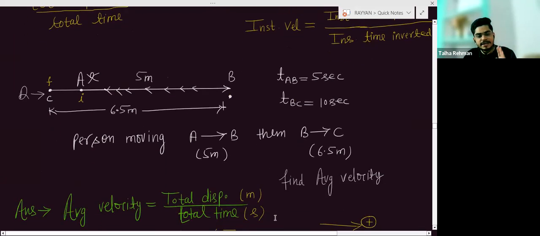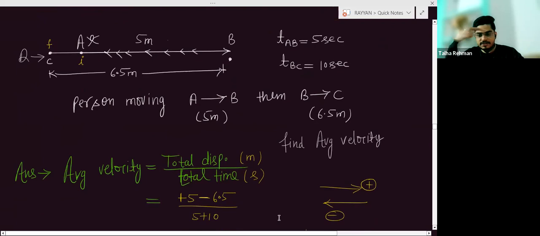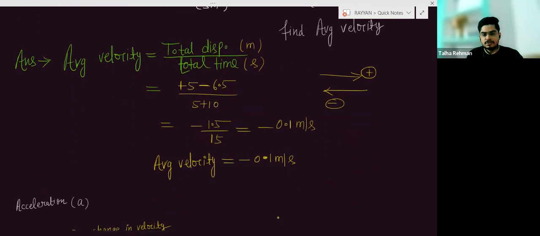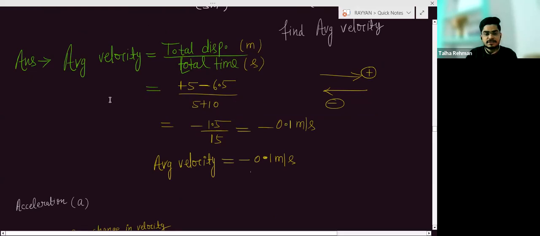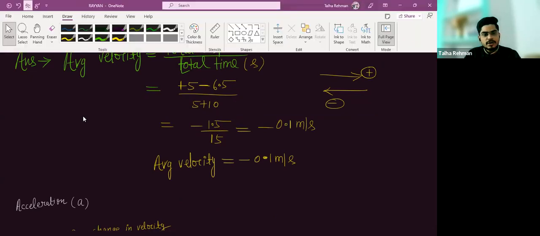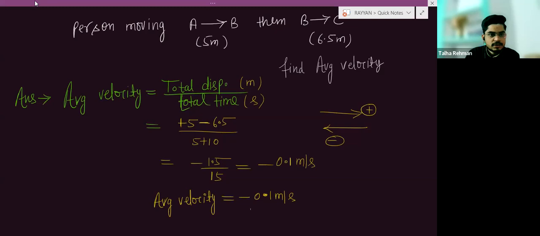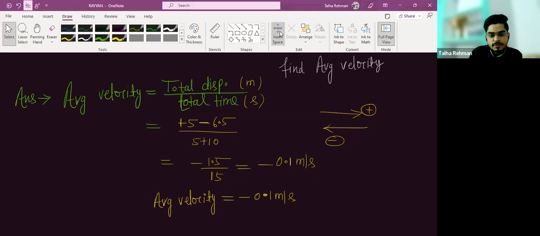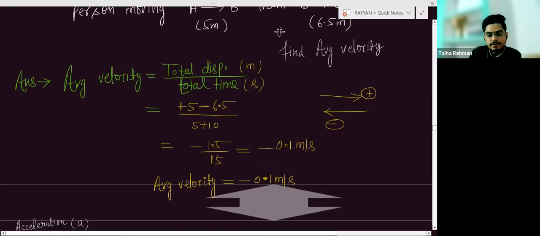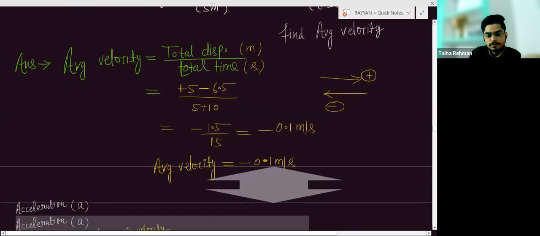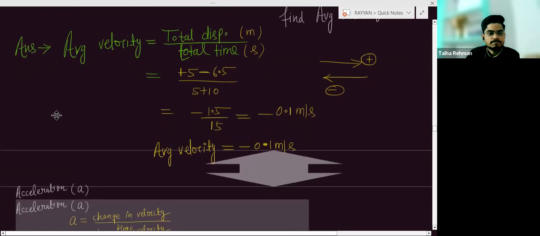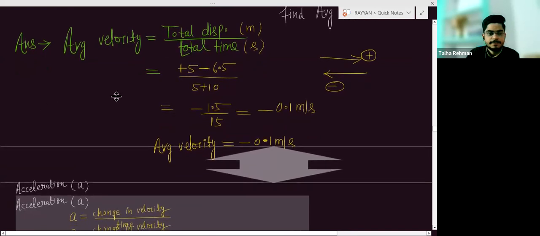This negative sign is indicating this direction. So negative sign indicates this direction. Just a minute. One more example I will give you, then it will be clear.